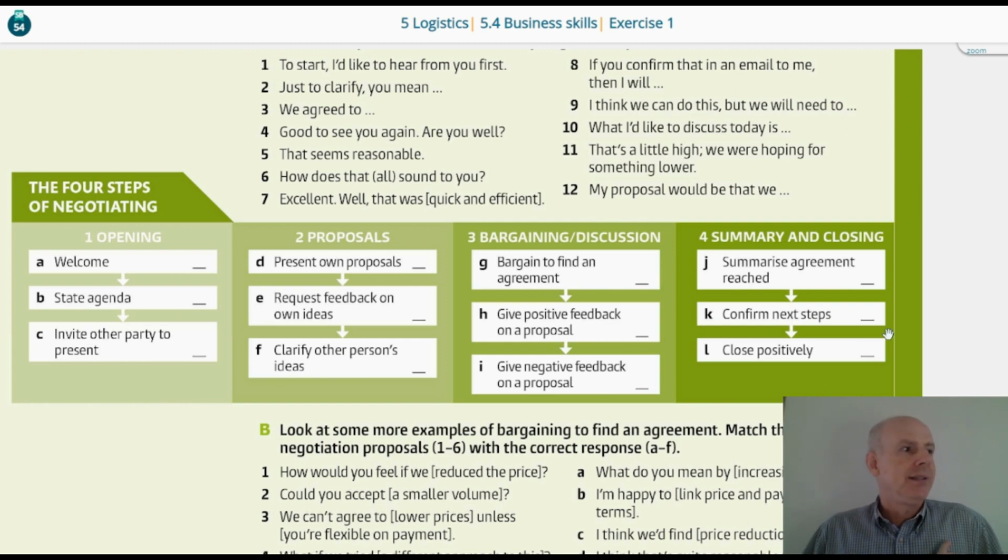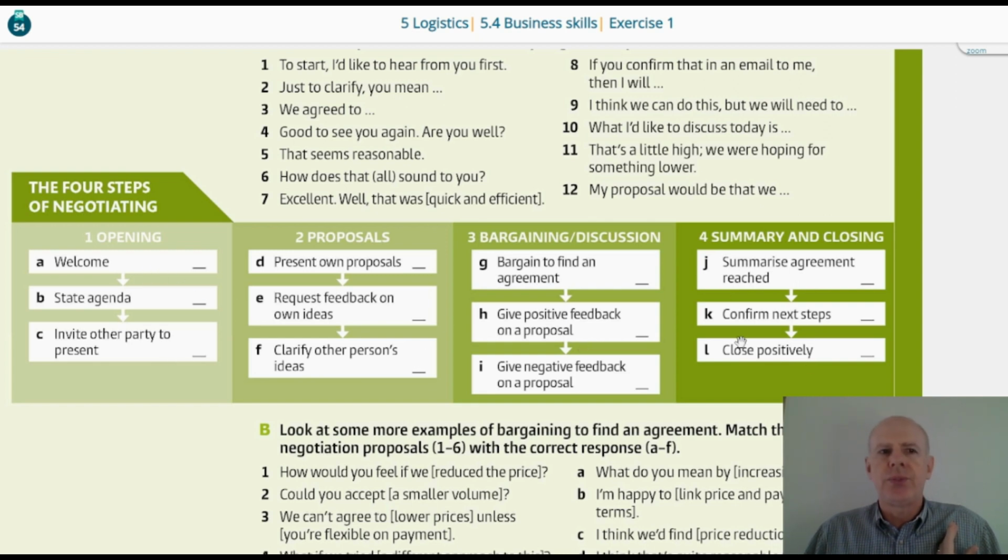And after that, there's the final summary and closing, where the agreement, if reached, is confirmed, minuted, and the next steps agreed. So you summarize the agreement reached, you confirm the next steps, and then you close positively.